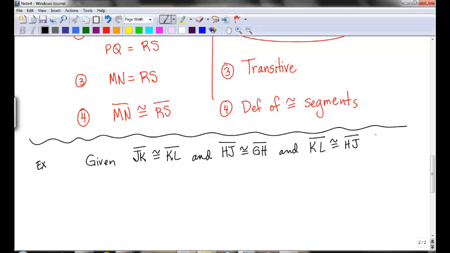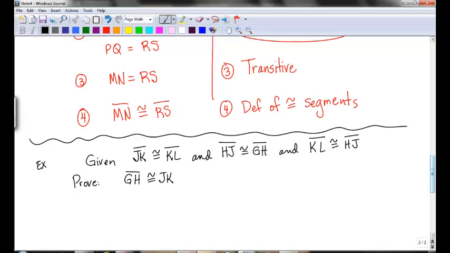Okay, it's given: segment JK is congruent to KL, segment HJ is congruent to GH, and KL is congruent to HJ. Okay, prove: segment GH is congruent to JK.